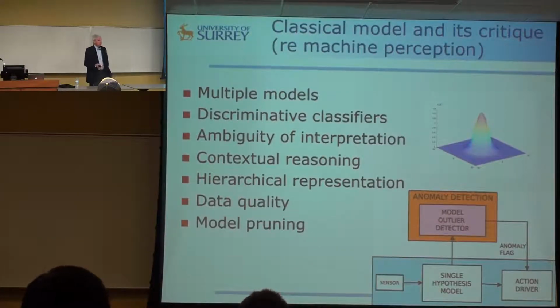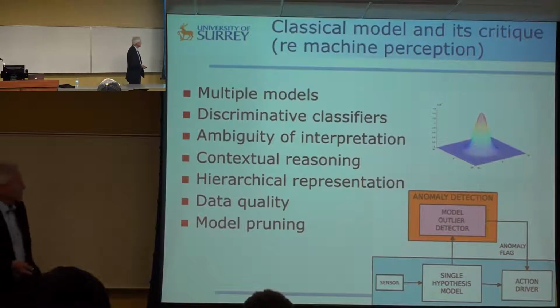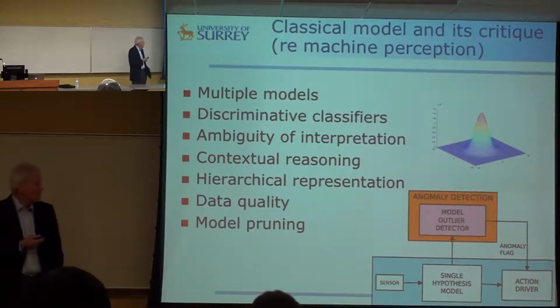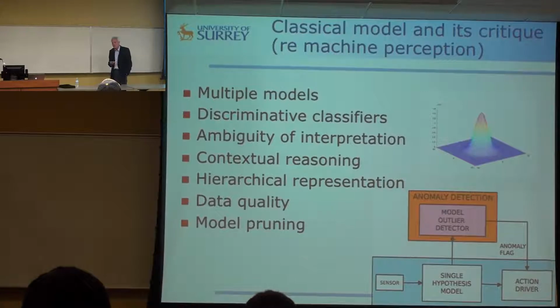But what is inadequate with the standard formulation of anomaly as an outlier of the distribution? We have a number of problems, and I'm referring specifically to machine perception. I believe quite a few of you are working in this area in one way or another.